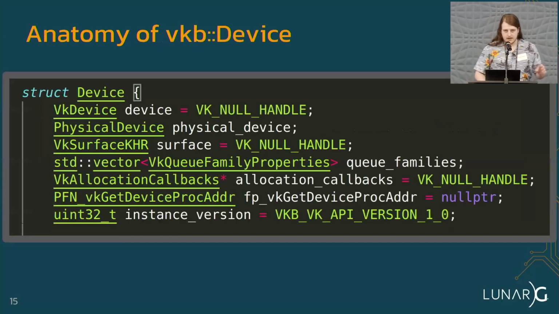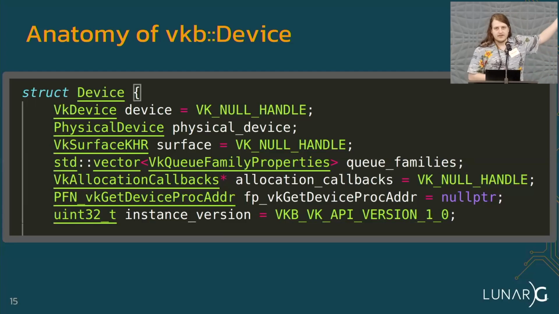So, a quick dive into what these wrapper structs look like. They're structs. They're not RAII types. They're not fancy wrappers. They do have an implicit conversion operator to the thing that they're wrapping. So here I have struct device. I don't have the code listed, but it will implicitly convert to a VkDevice, so you could pass this object into any Vulkan command.